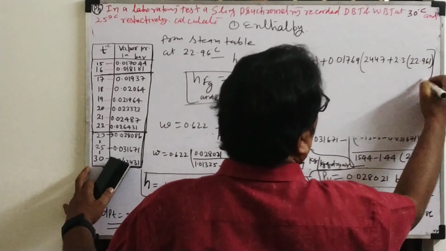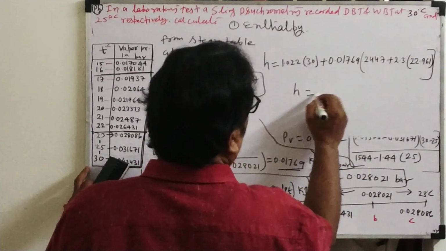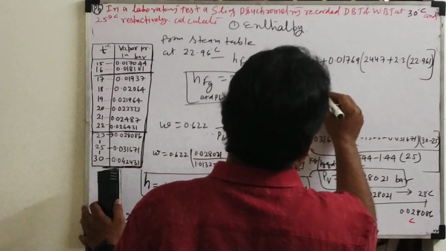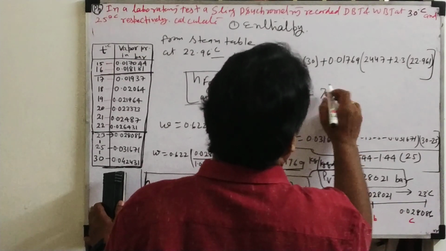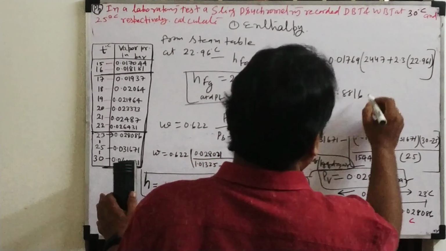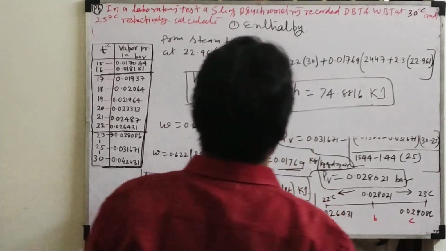You can write approximately 23 also. If we calculate this, we get 74.8816 kilojoules, directly in kilojoules. So this is the way we can calculate the enthalpy.